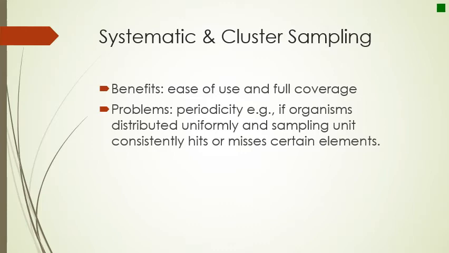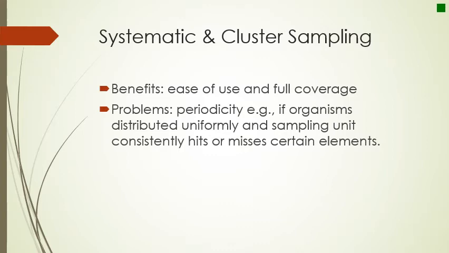If organisms are distributed uniformly and your sampling unit consistently hits or misses certain elements, then it can get you into trouble. A good example of this would be like roads in agricultural areas. In general, roads are found exactly on section lines, right? And sections are 1 mile by 1 mile square.